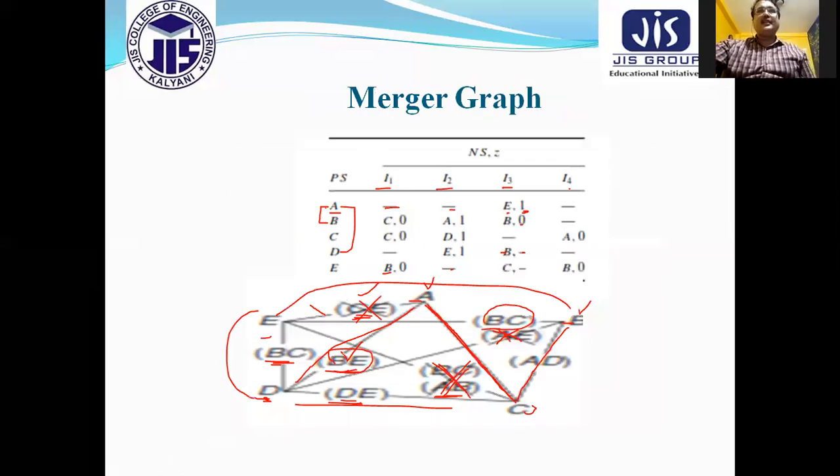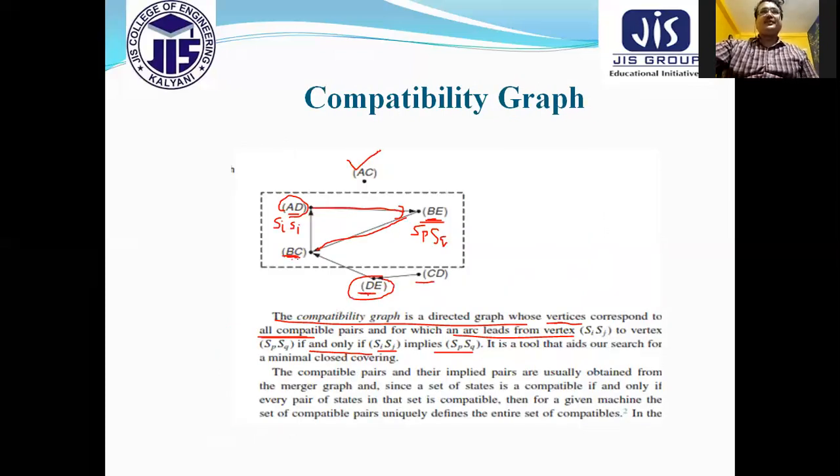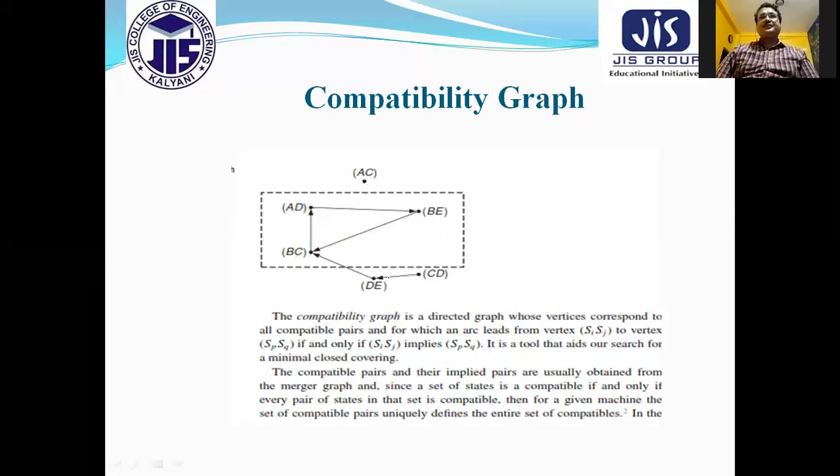You can check that too. This is the way we draw the edges between all the pairs, and this graph is known as the compatibility graph of the incompletely specified machine.